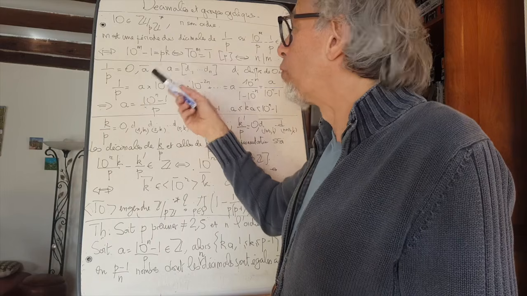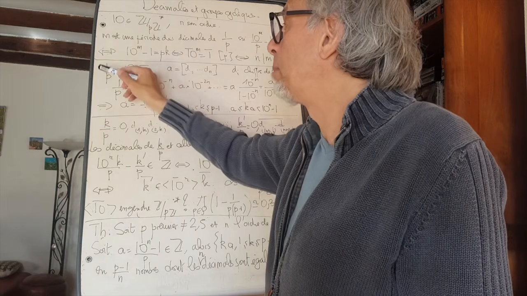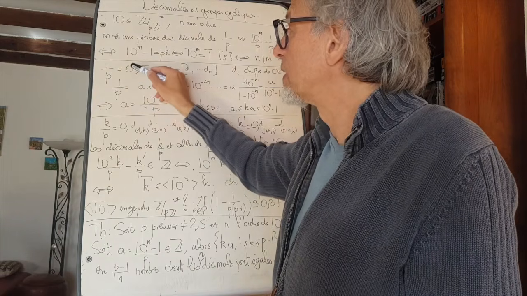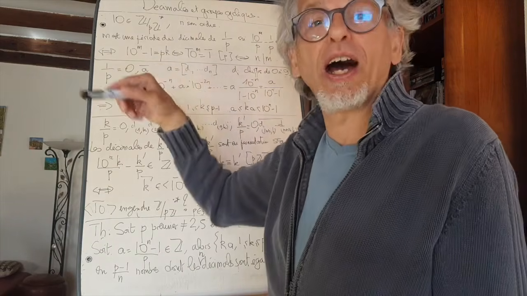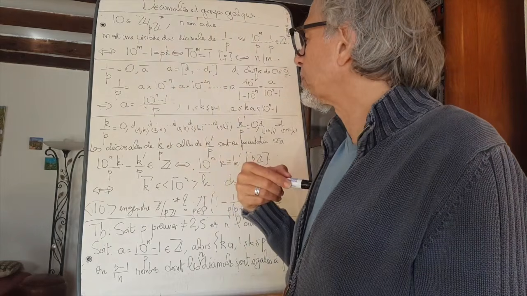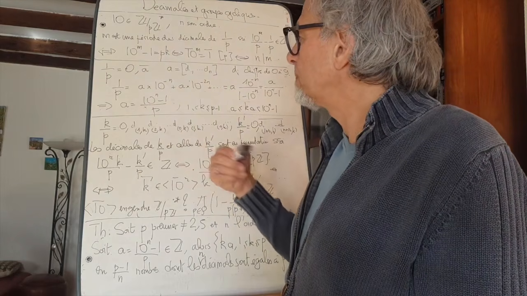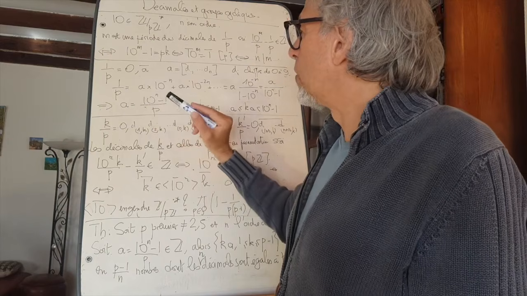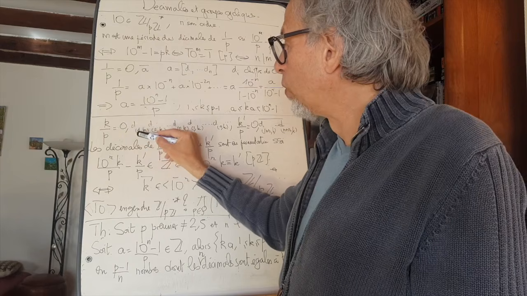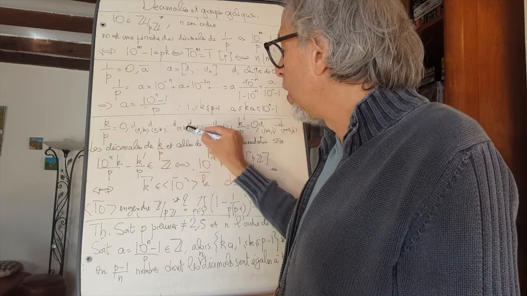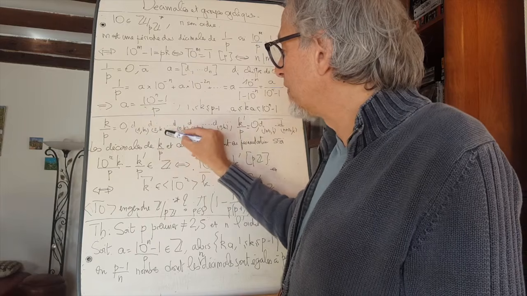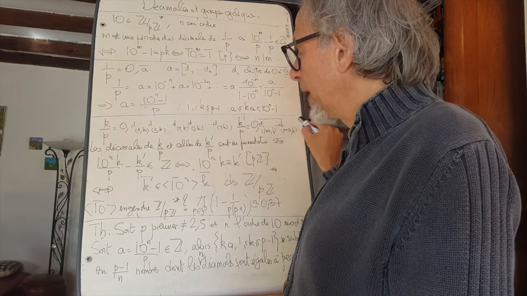And you see in passing that when we do p over p, we are going to have 1 on the left, and we find 0.9999..., which is equal to 1, or 0.9 bar. That's good. So now K/p is equal to 0 point, and here we have an n-digit number that repeats itself periodically.